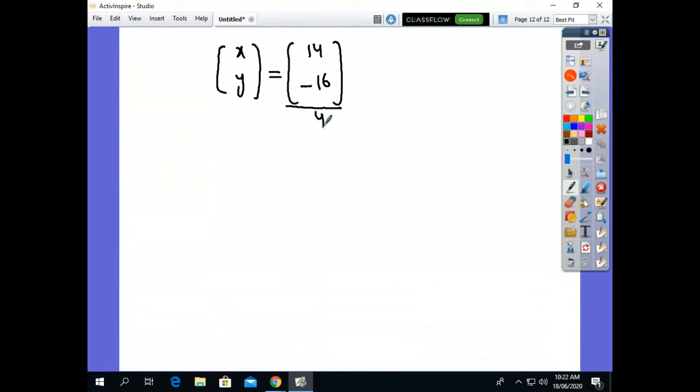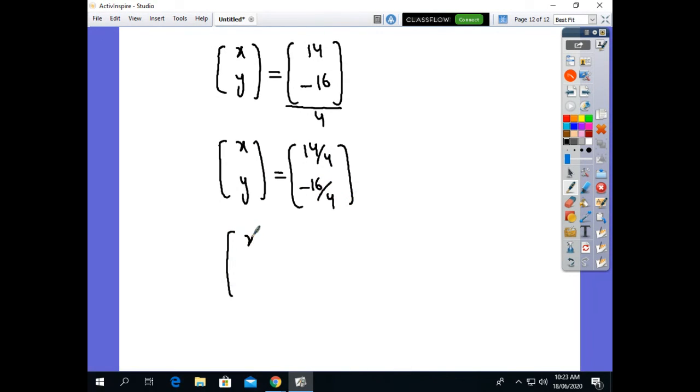When we divide 14 and negative 16 by 4 and cancel, we have 7 divided by 2 and negative 4.